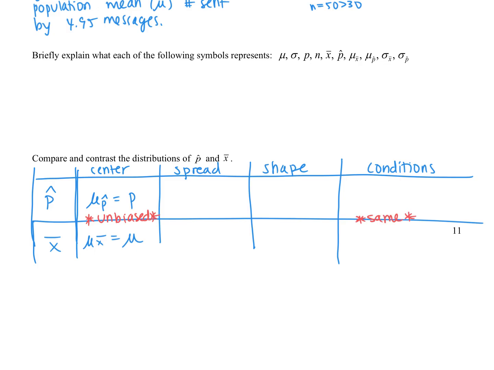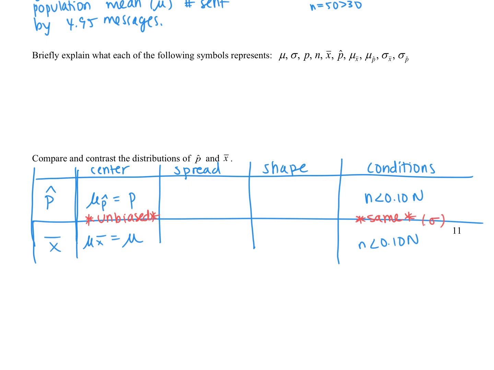So the only condition is that our sample size has to be less than 10% of the population size. And what is that related to? Anyone? Thank you, standard deviation. It's related to standard deviation.